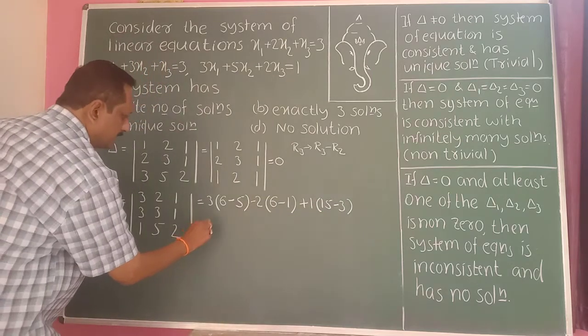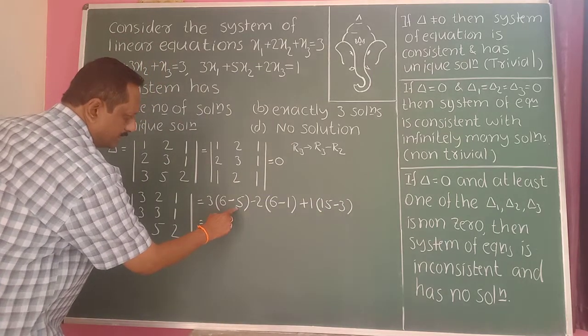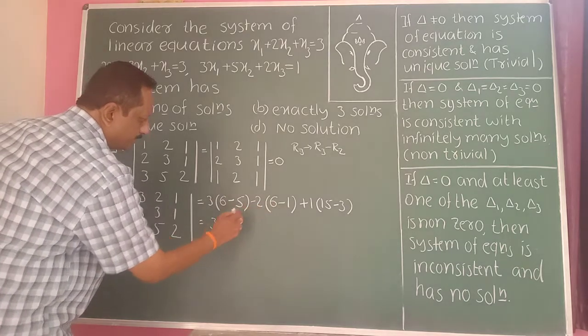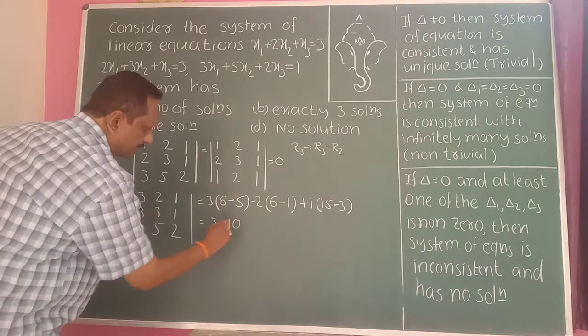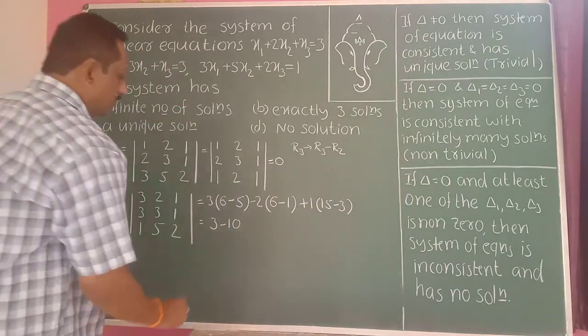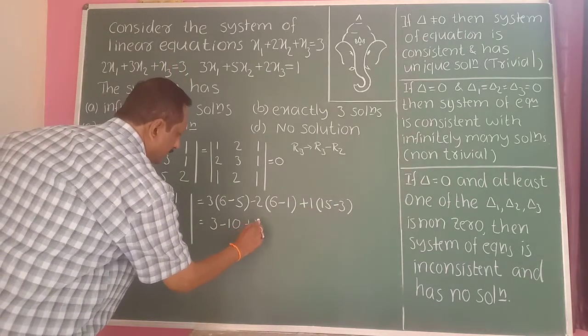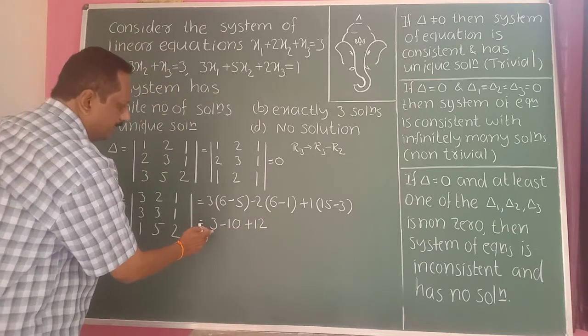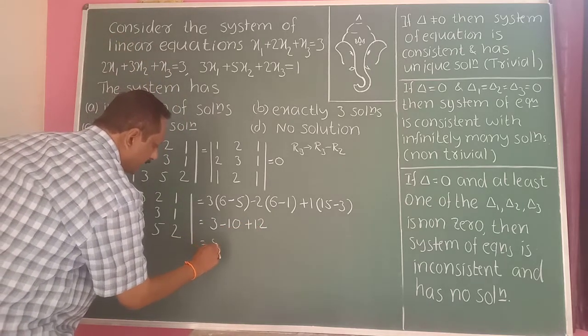So 6 minus 5 is 1, into 3 becomes 3. 6 minus 1 is 5, 5 2s are 10, minus 10 here. 15 minus 3 becomes 12, 12 1s are 12, plus 12. Then 12 plus 3, 15 minus 10 gives us 5.